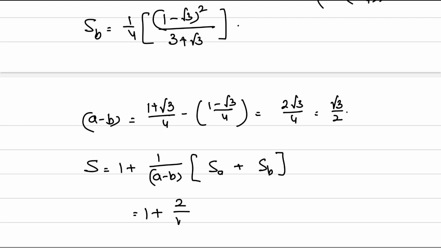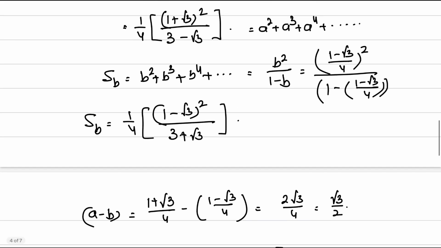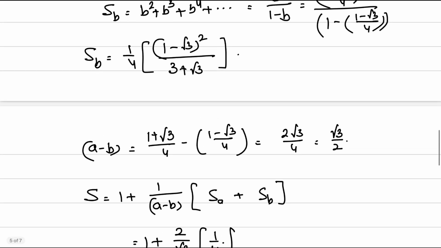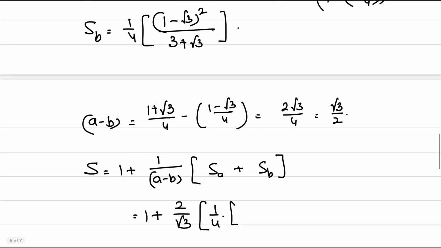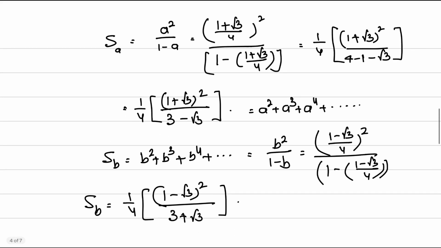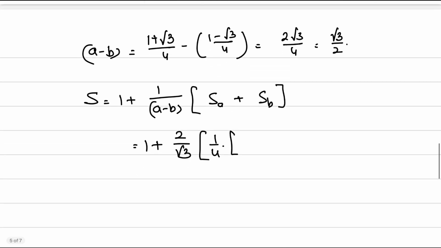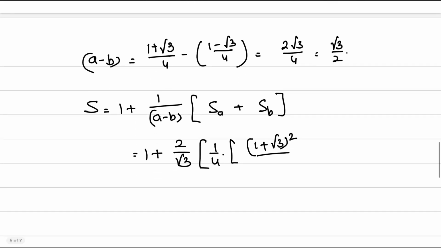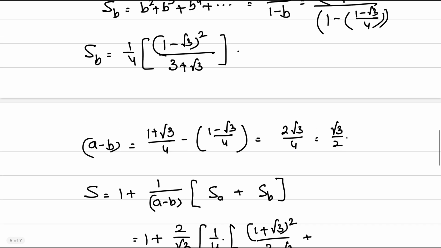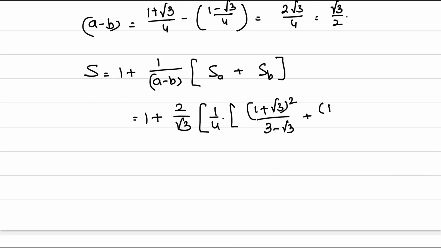That is 2 by root 3, into S_A, which is 1 by 4 into (1 plus root 3) whole square divided by 3 minus root 3, plus (1 minus root 3) whole square divided by 3 plus root 3.